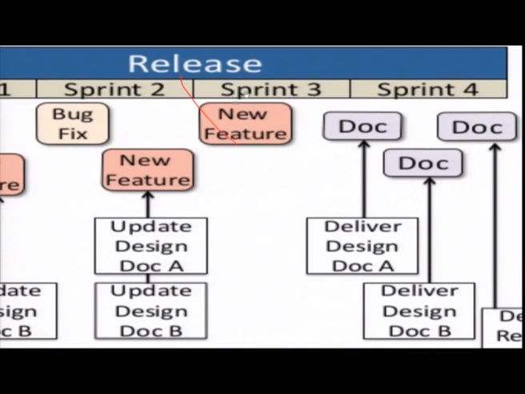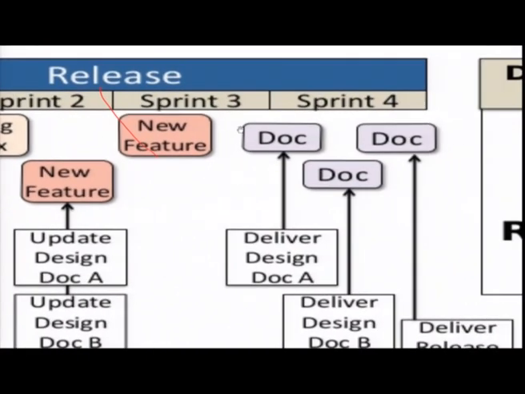Similarly, we go in for the next sprint, and in the next sprint we develop a new feature. So we combine all those updated design docs, doc A, doc B, then we create an exclusive documentation, that we do in sprint 4.